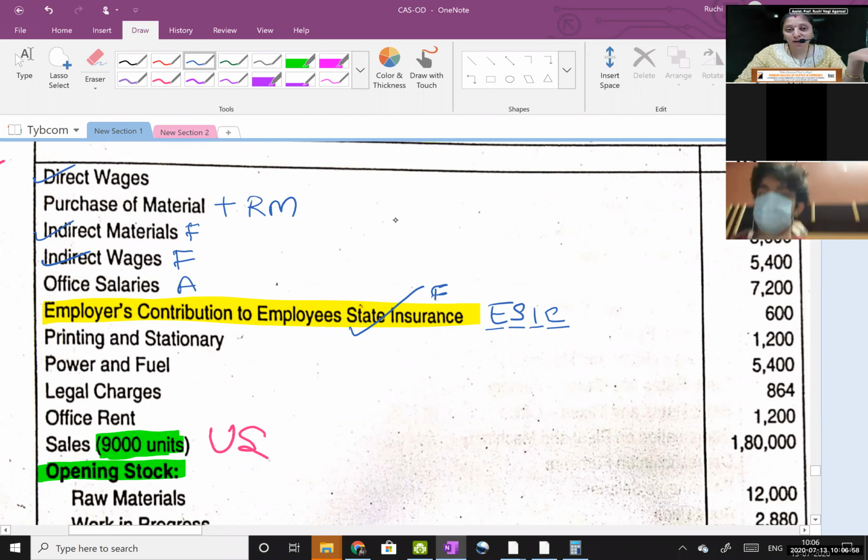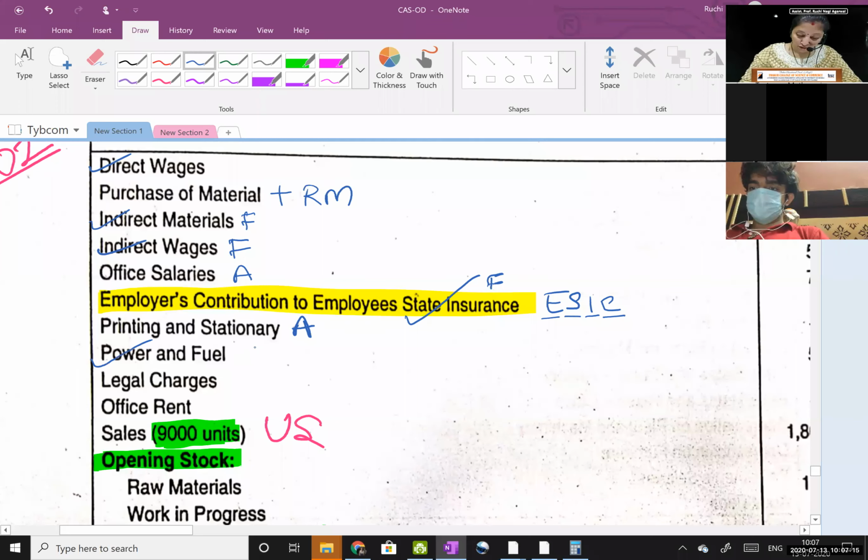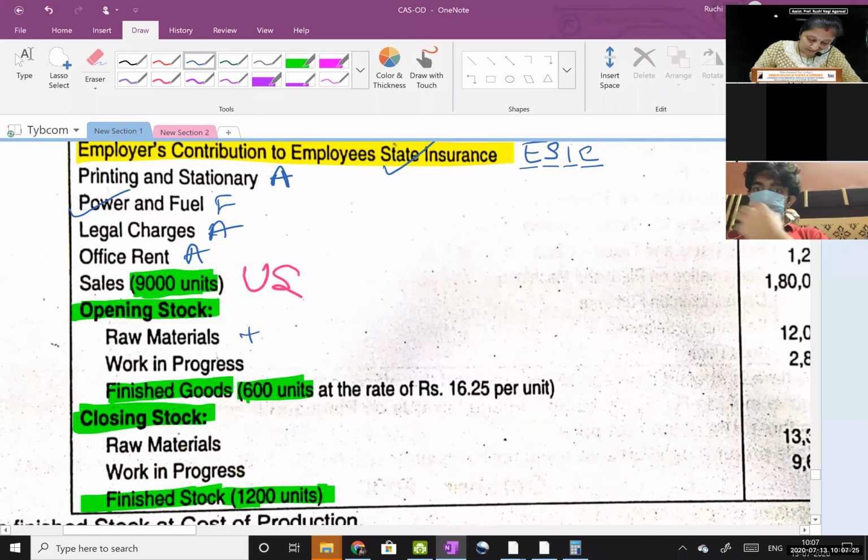Next, printing and stationery, admin overheads. Power and fuel, factory. Legal charges, admin overheads. Office rent, obviously admin overheads. Opening stock of raw material, add to the raw material formula. Opening stock of WIP, add to factory overheads.